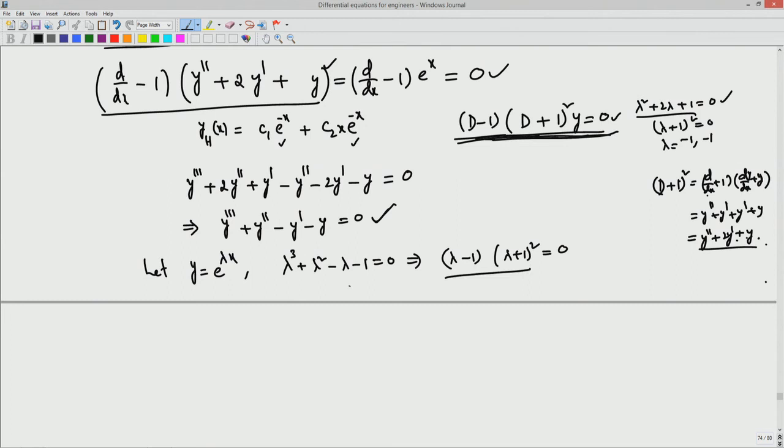For this homogeneous equation you have the roots, lambda is 1 and −1 repeated.